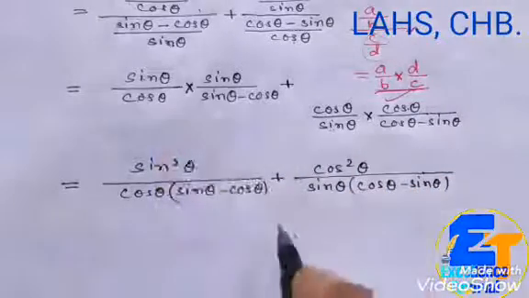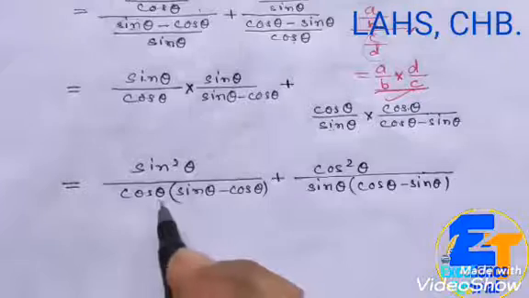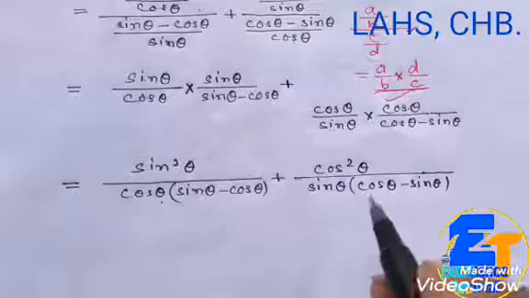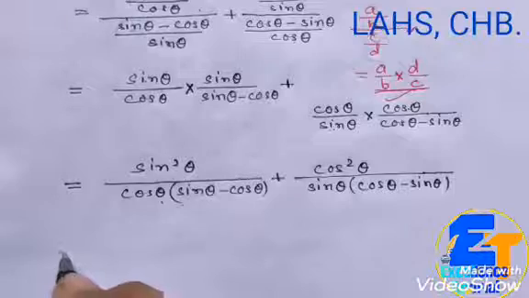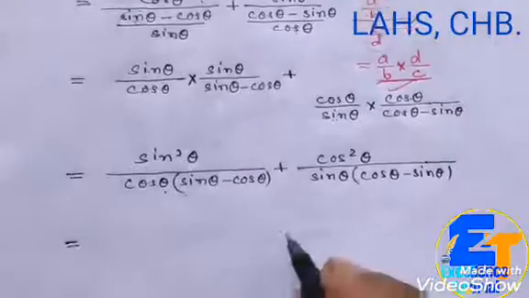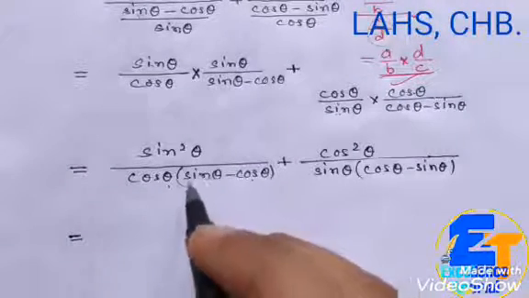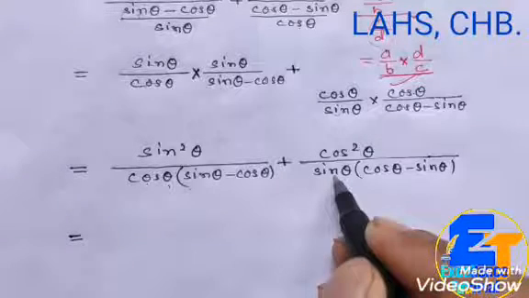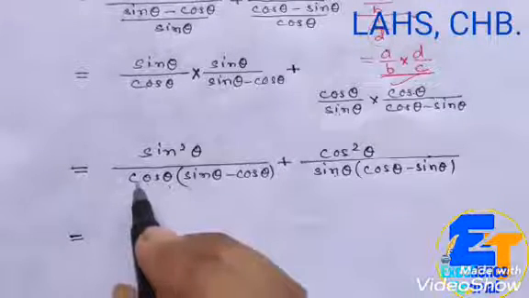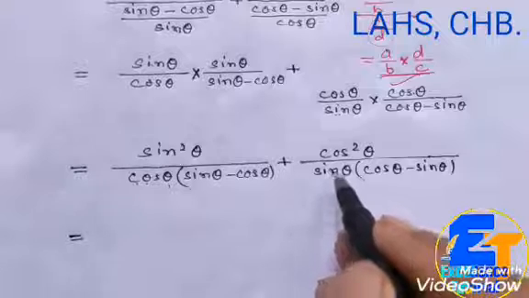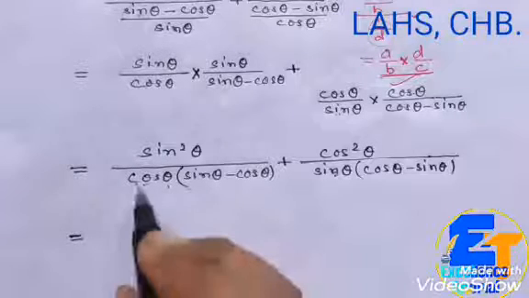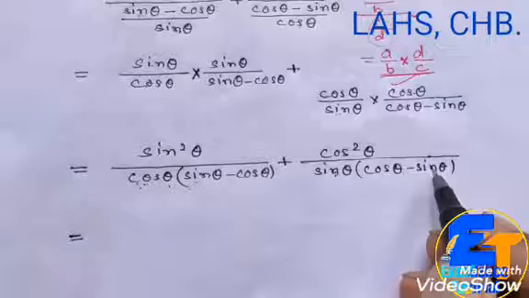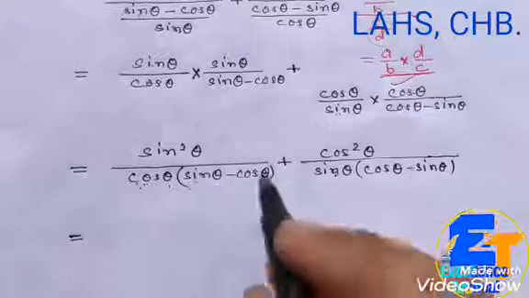Again, in this step we need to take the LCM of these two denominators. But before that, see the term in the bracket here. Before the bracket, cos and sin theta, no problem, we can write in the product form while taking the LCM, that is LCM of these two, it will become sin theta into cos theta, but at least the bracket term should be the same, so it will become easy for us to take the LCM.